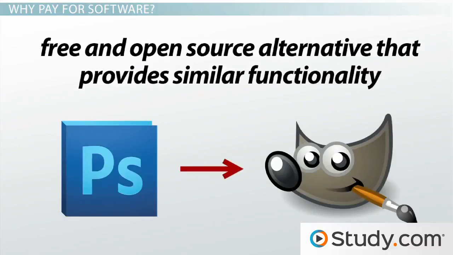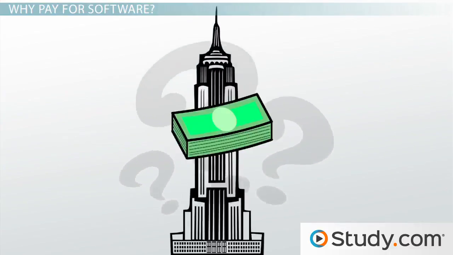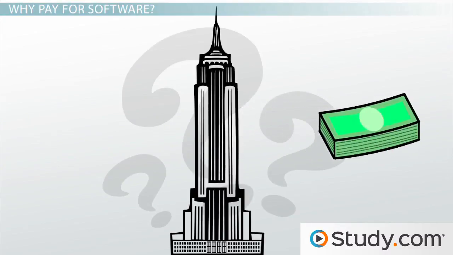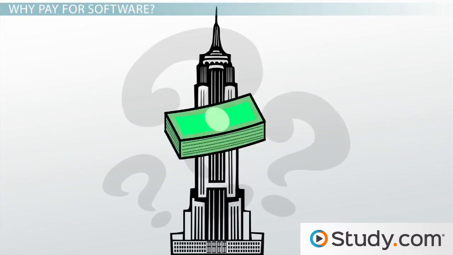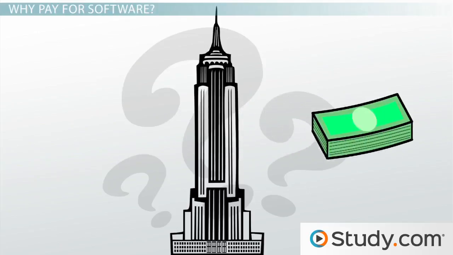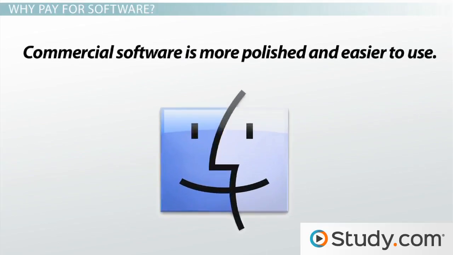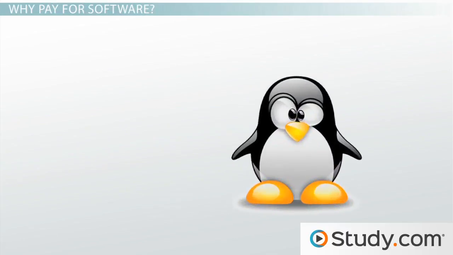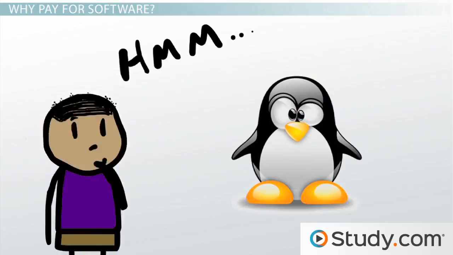If so much software is free, why do organizations keep paying for commercial software? There are a number of reasons, but some of the key reasons are: commercial software is often a little more polished and easier to use. For example, the Linux operating system is very powerful, but can be difficult to use by someone who is just getting started with computers.